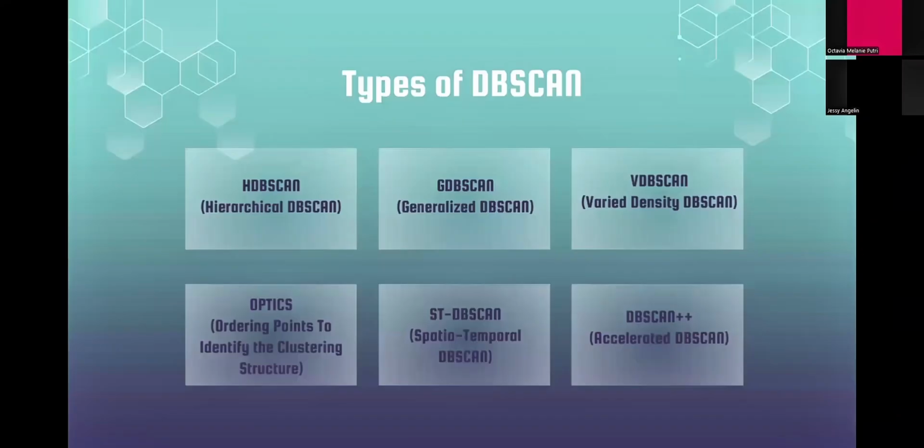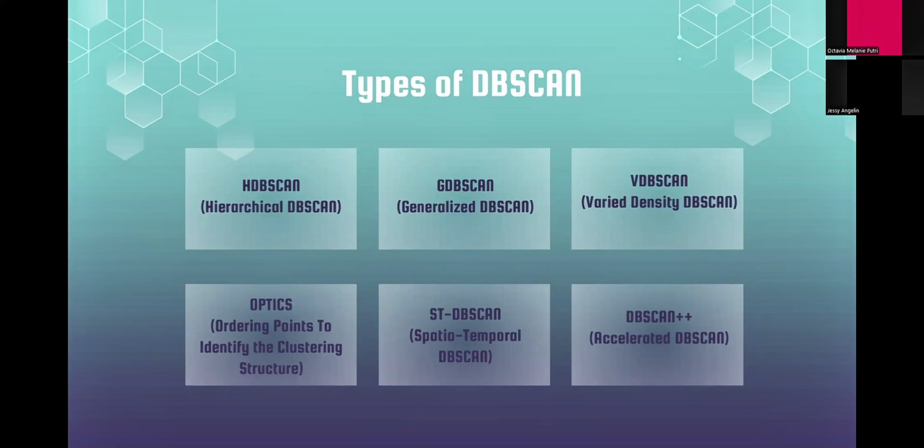Next, there are 6 types of dbScan. First, HDBScan, hierarchical dbScan. We use this type when your data has mixed density clusters, one tight cluster and one loose spread out cluster. Second, GDBScan, generalized dbScan. This is useful for non-standard data types such as text and time series.